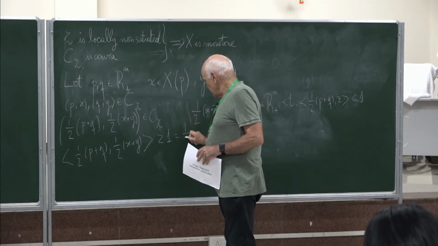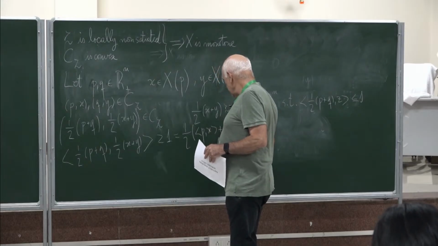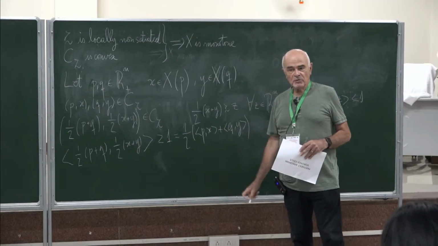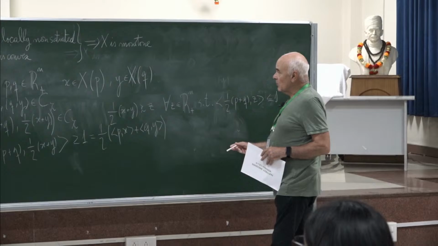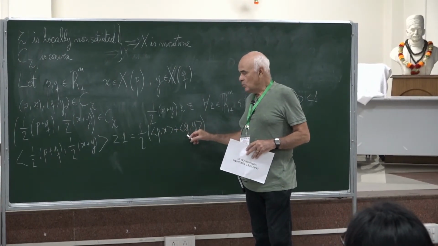Write 1 in a clever way. This is a clever way of writing 1 in this situation, because again for the local non-satiation property this is equal to 1 and this is equal to 1.